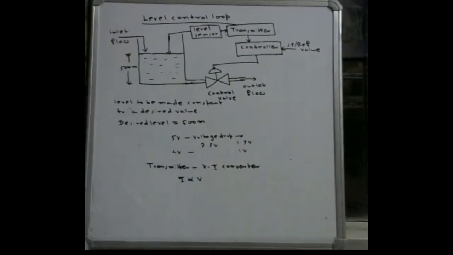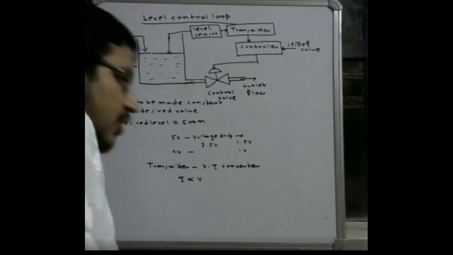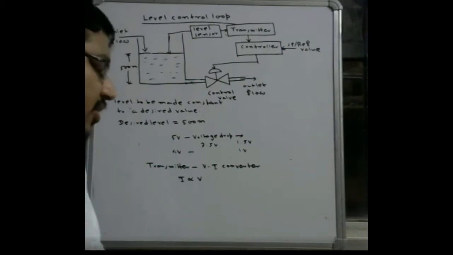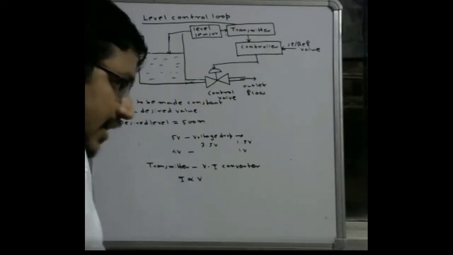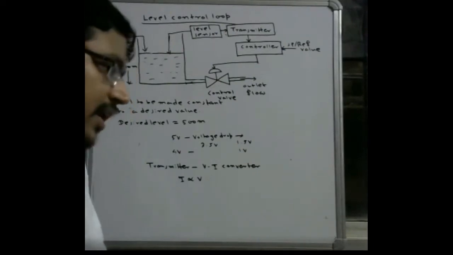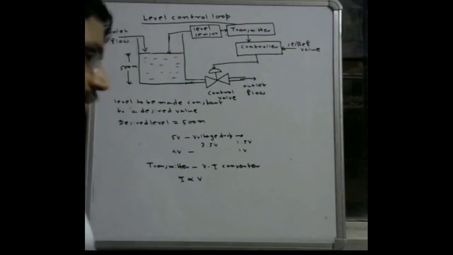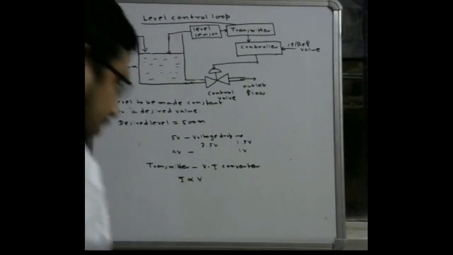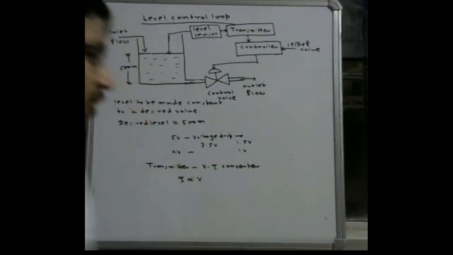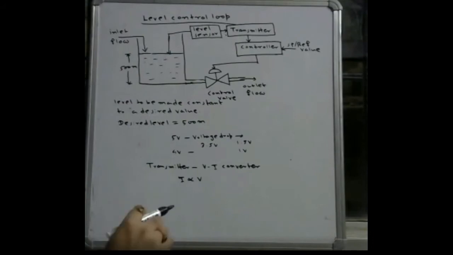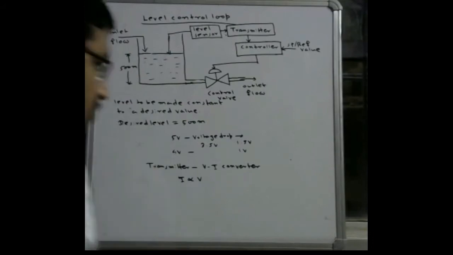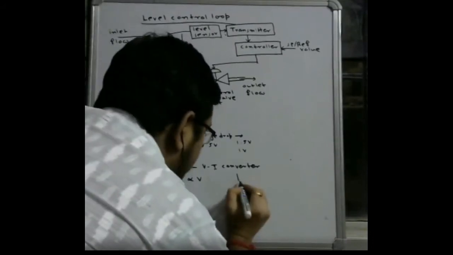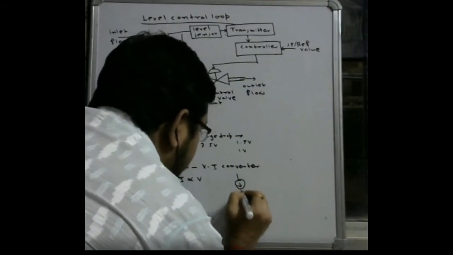If this is happening, then we know the current does not depend on the resistance of the conductor. As it is a constant current source, this current always remains constant. It does not depend on the resistance of the conductor, because we know this is the symbol of the constant current source.